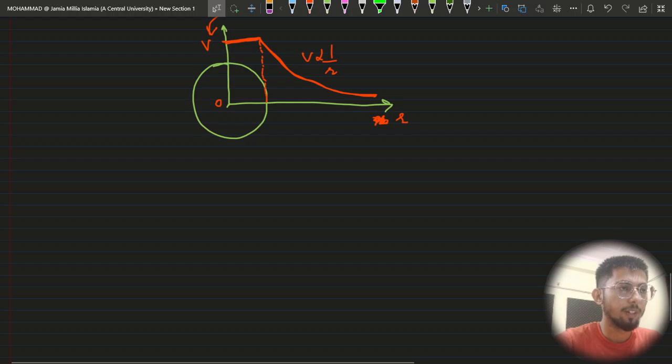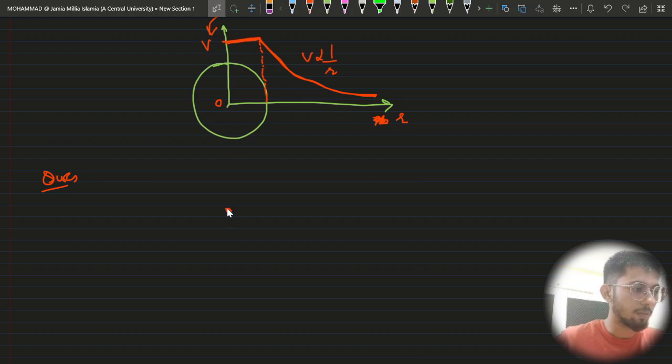If 100 joules of work is done in moving an electric charge of 4 coulomb from one place where potential is minus 10 to another place where potential is V, find the value of V. This is the question.